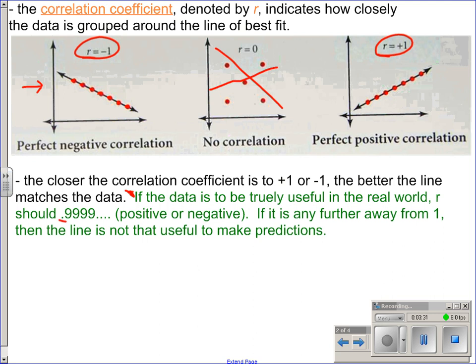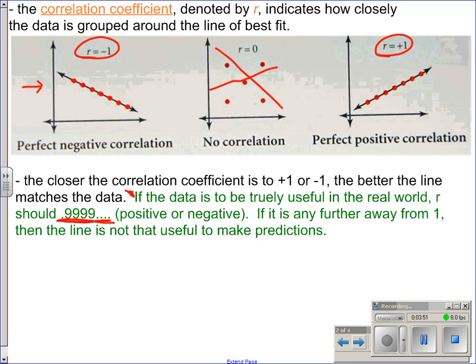If it's anything further away from 1 than that 0.999 and so on, it's not really good data. Even 0.98. In real life, when you really need that information, that's not very good numbers. There is a connection to it, but you can't make a lot of good predictions from it.